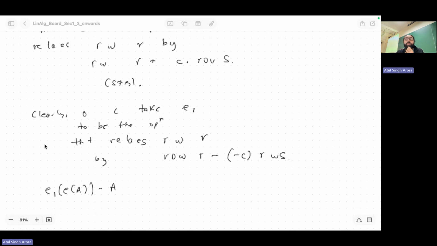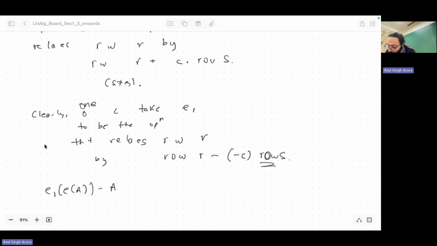Yeah, there's a little bit of a problem with the sync. It's row R plus minus C times row S. Somehow the sync is not very good. Like on my iPad, it shows, but on the screen, it doesn't for some reason.